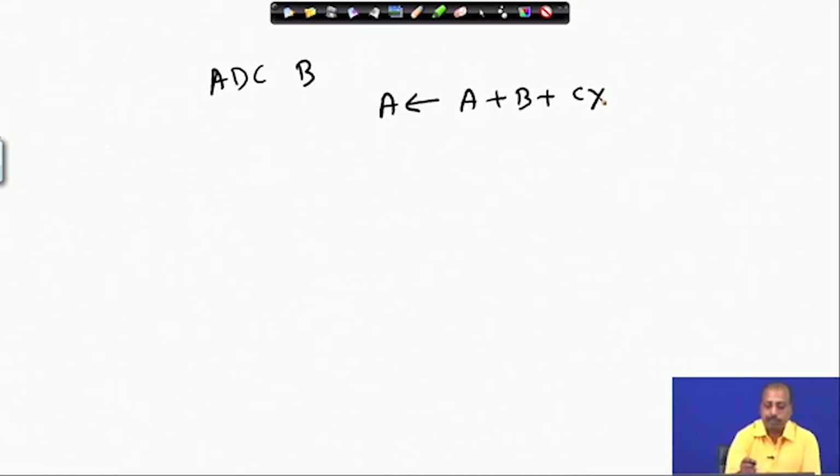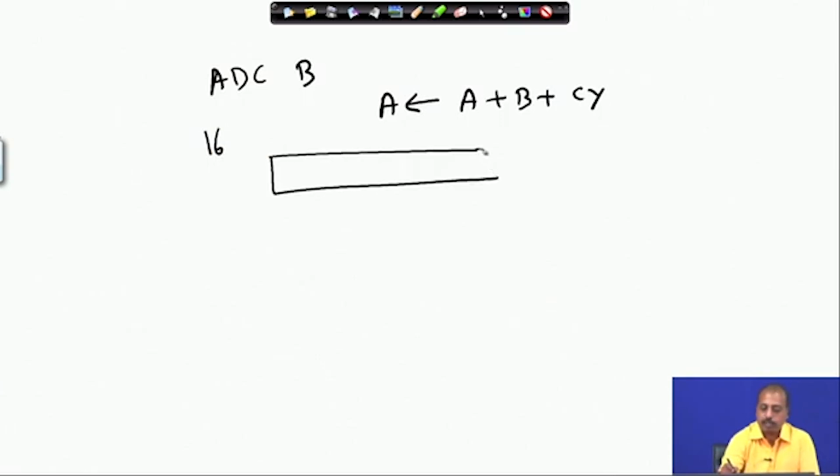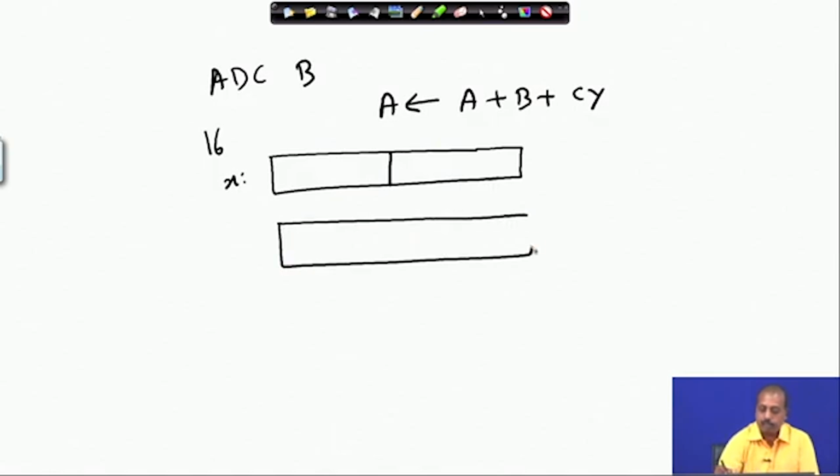You know that 8085 allows you to do only single byte addition, but if I have numbers that can be represented in 16 bits, this 16 bit number consists of 2 8 bits. This is the first 8 bit, this is the second 8 bit. So this is say the number x and this is say the number y that we have.